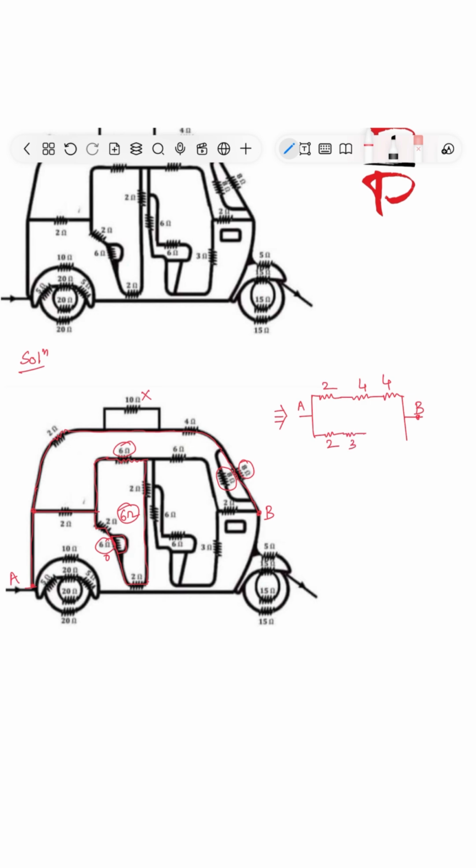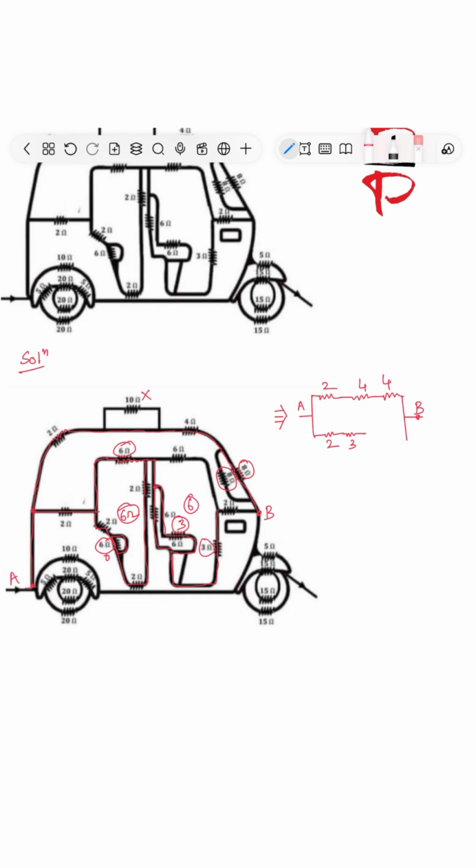Okay, now this one, here is 6 ohm and also here is 6 ohm. These two 6 ohm are connected in parallel, so the contribution of these two 6 will be 3, because two 6 ohm are connected in parallel, so the equivalent resistance will be 3. And this one is also connected with another 3 ohm in series, so 3 plus 3 it will be 6.